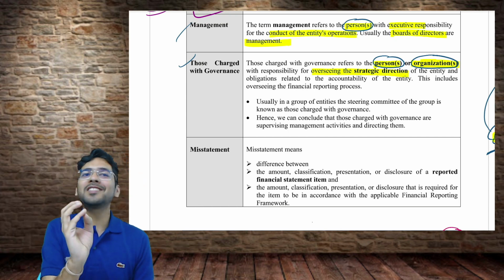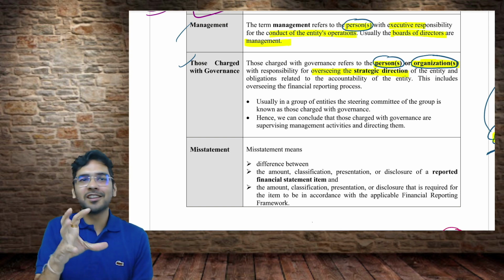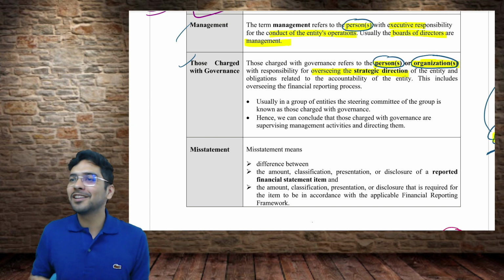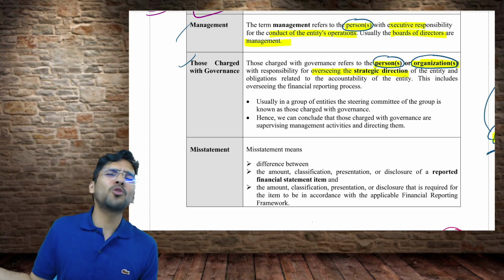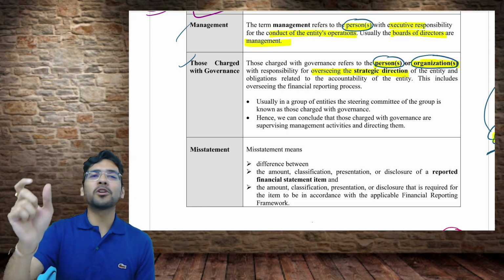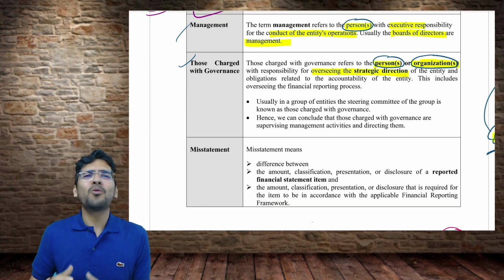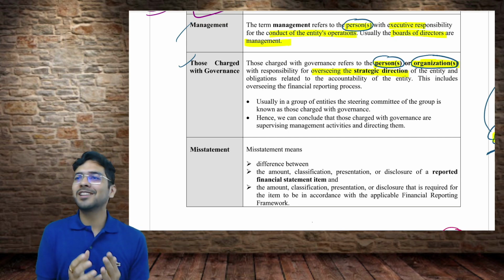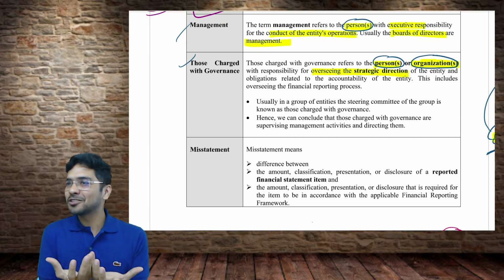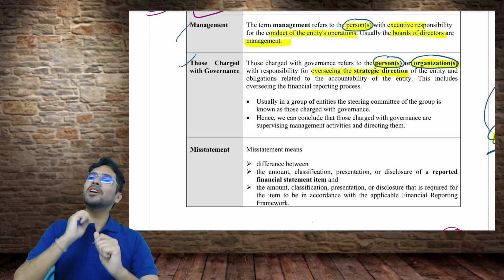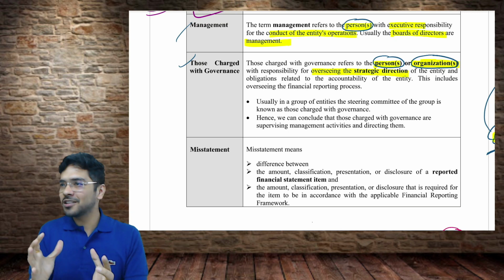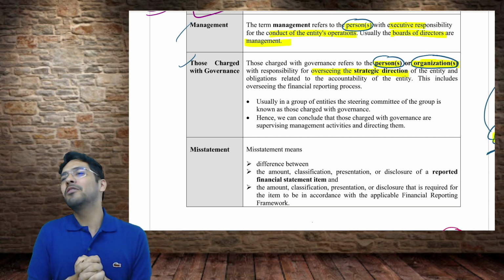They'll do professional ethics because it is easy, they'll do company audit first, try to master those two topics, and then do standards on auditing on a very selective basis, wondering whether this is important or not. And there are so many Telegram channels telling you that these standards are important and this is not. Standards, I proudly say, is my forte, a strong point, and I'll try my best to make it very easy for you, so that you are very comfortable with this 30 marks coverage that the standards have.